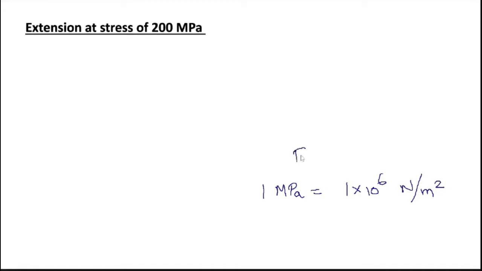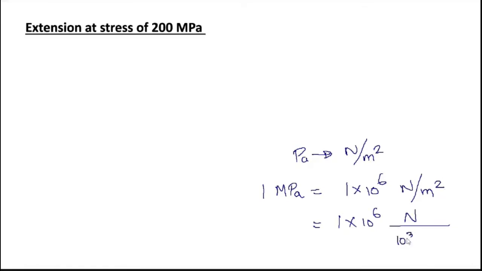Pascal is Newton per meter square, not mm square. Okay. So which is 1 into 10 power 6 Newton, converting meter to mm. 1 meter is 1000 mm, which is 10 power 3.